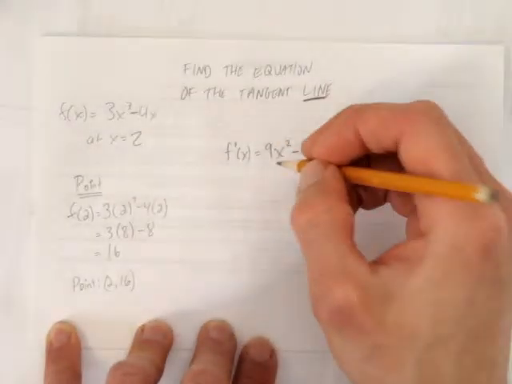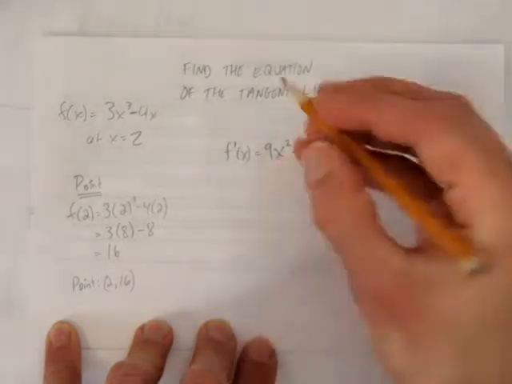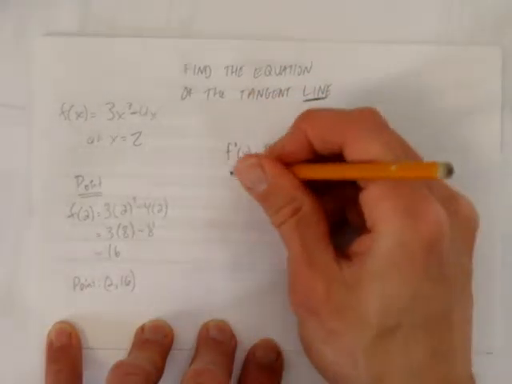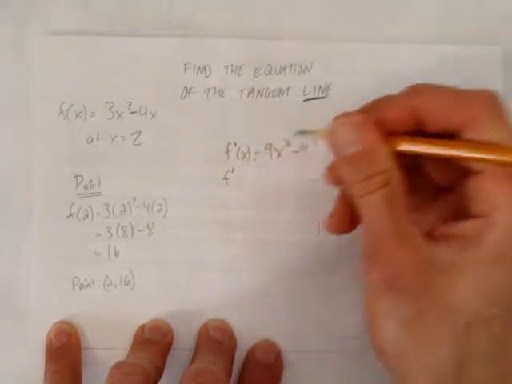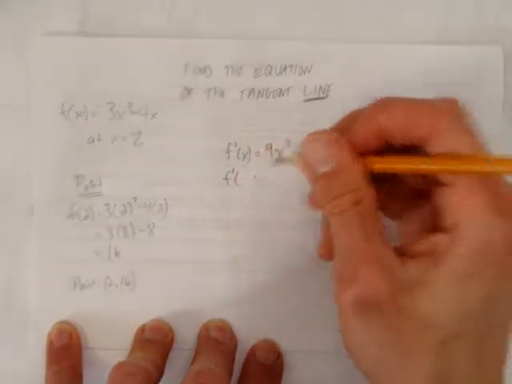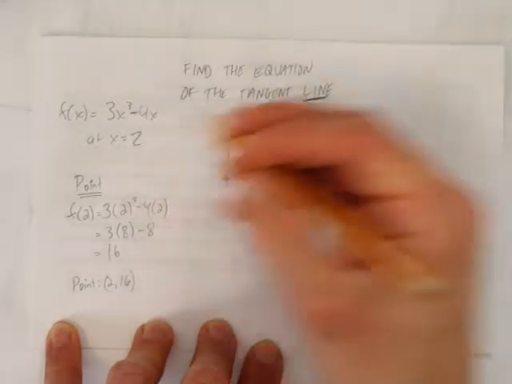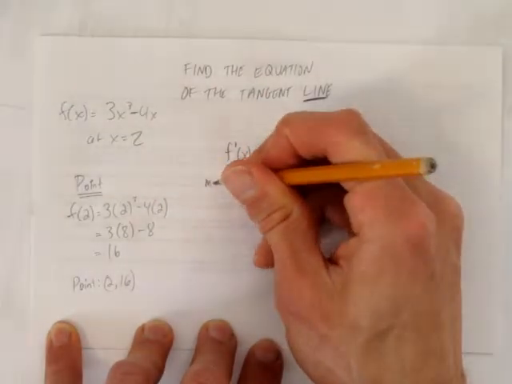But we don't want just this, we want the equation of the tangent line. So we want to find out not just what the derivative is, but what's the slope of the tangent at 2. And that's what we're asked for. In other words, what's the slope we're going to use?